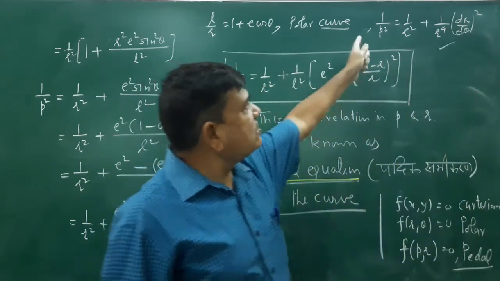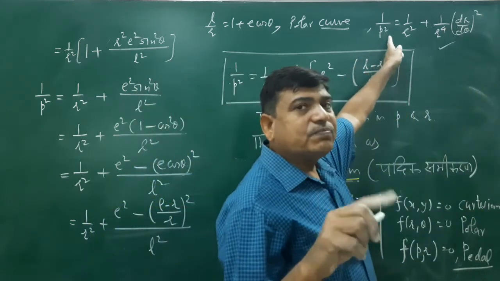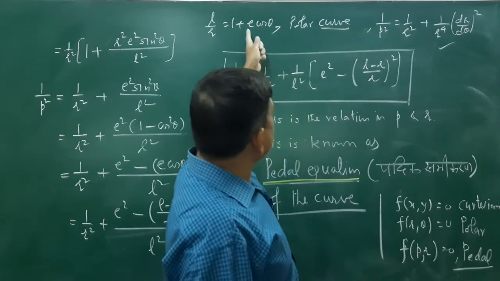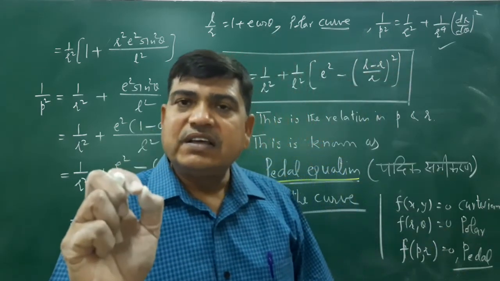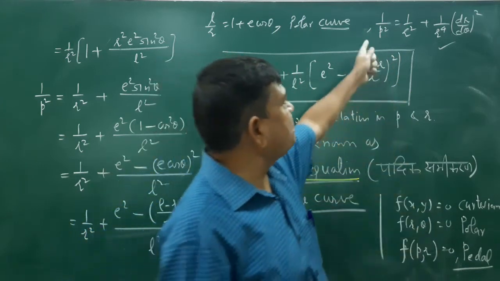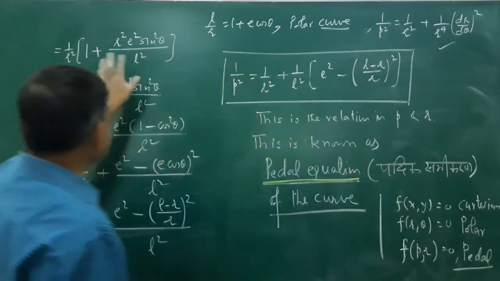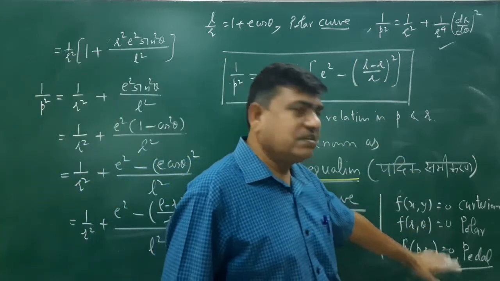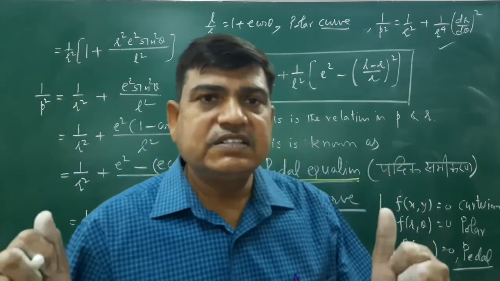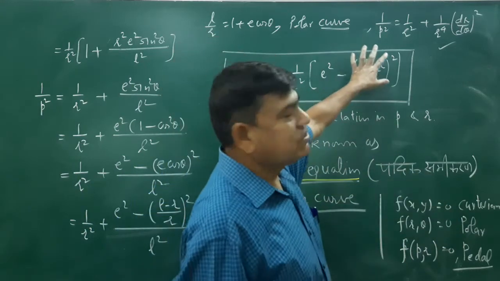This is the relation in length of perpendicular form. So we use this, we eliminate theta and find the relationship in P and R. When polar equation is given, we can find its pedal equation by using this particular formula.